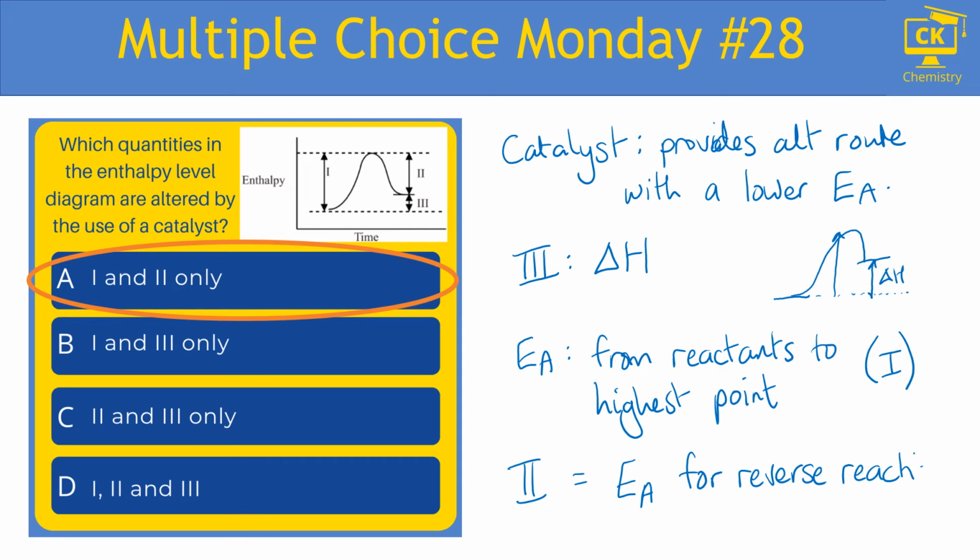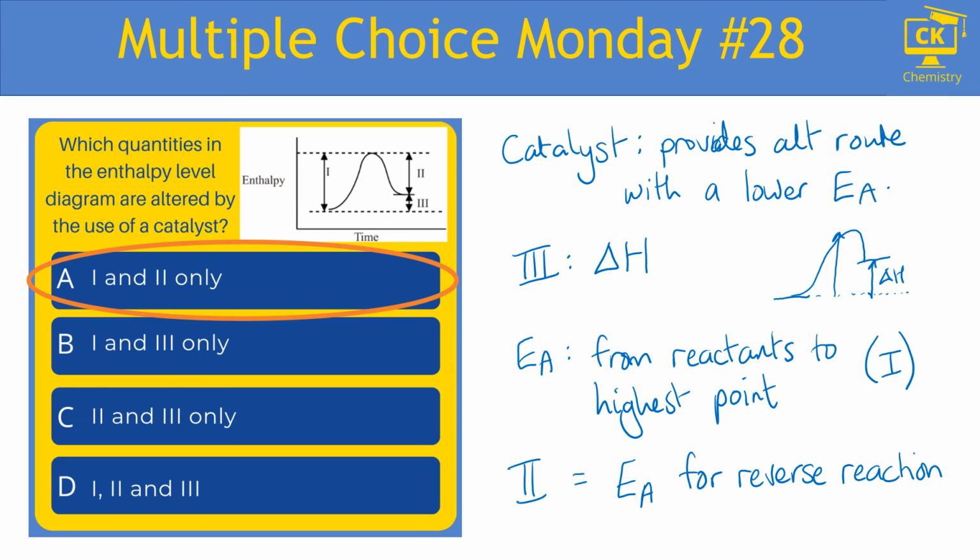Because if you started with the products of this reaction on the right hand side and did the reverse reaction, which would be exothermic, to the reactants on the left hand side, then arrow 2 would be the arrow that went from those reactants to the highest point, which means it's the energy needed for that reaction to occur.